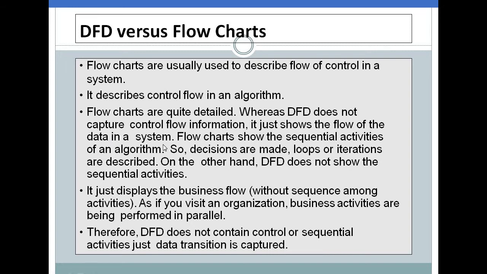In a flowchart, the sequential activities of an algorithm are shown, based on decisions, loops and iterations. On the other hand, DFD does not show sequential activity. Now just display the business flow. If you visit an organization, business activities are performed in parallel. Therefore, DFD does not contain control or sequence activities, just data transactions are captured.